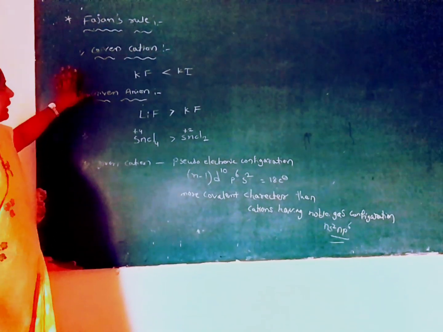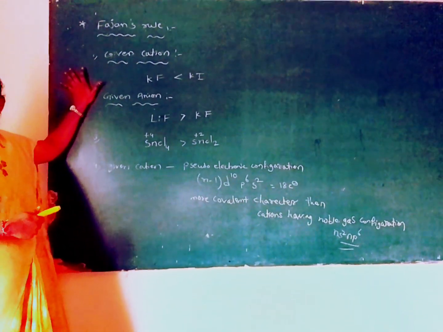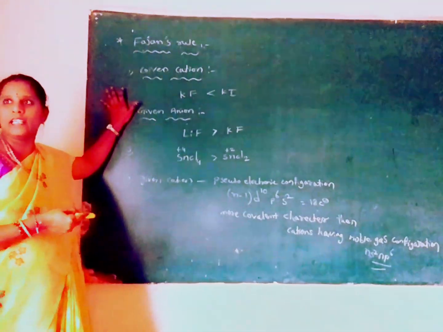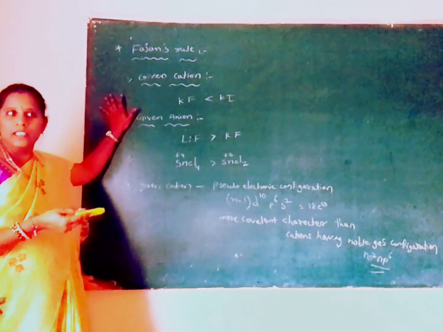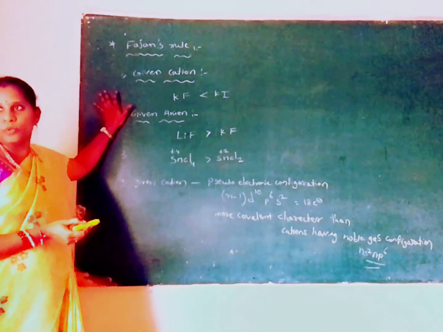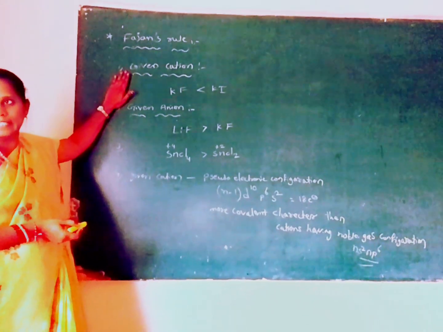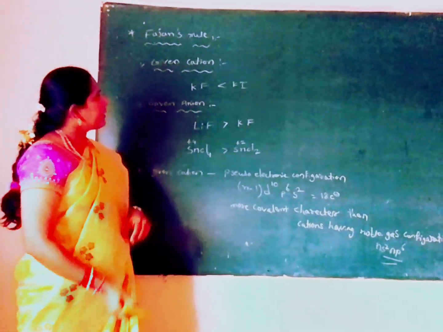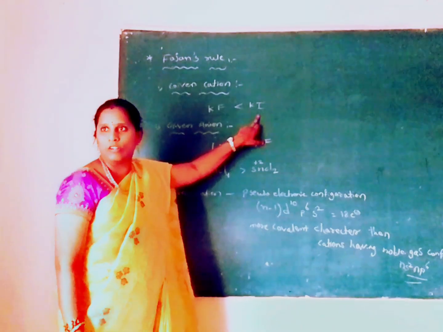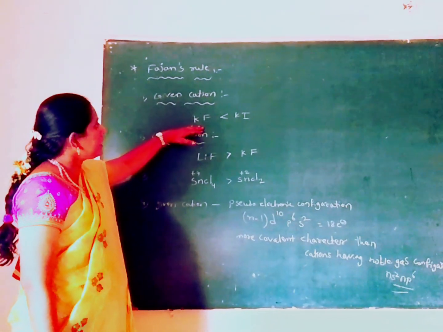Once again, I will repeat. Fajans explains the covalent character of ionic compounds. According to Fajans, first, for a given cation, covalent character increases with increasing size of the anion.